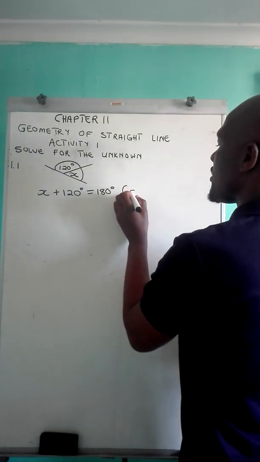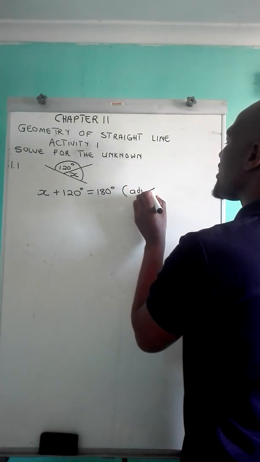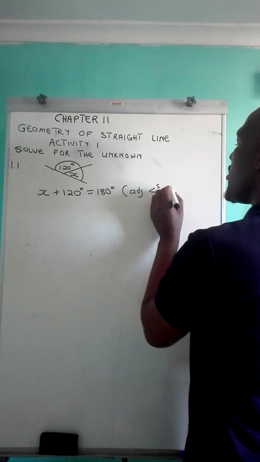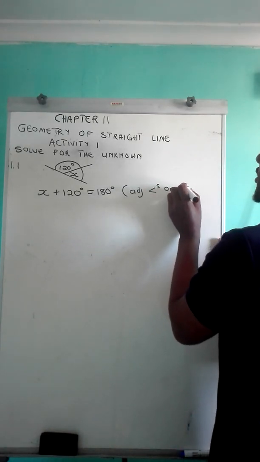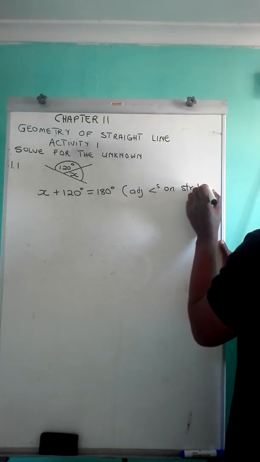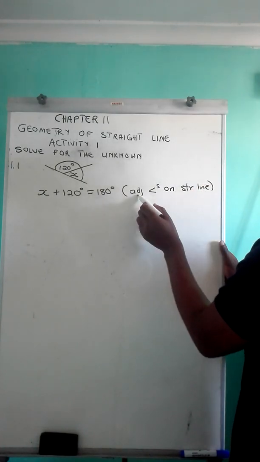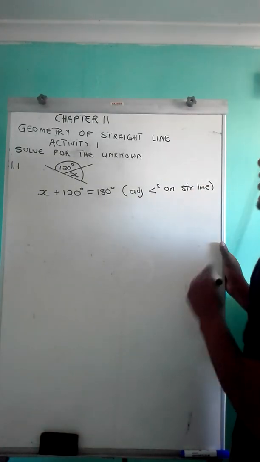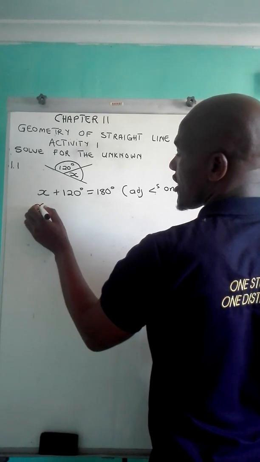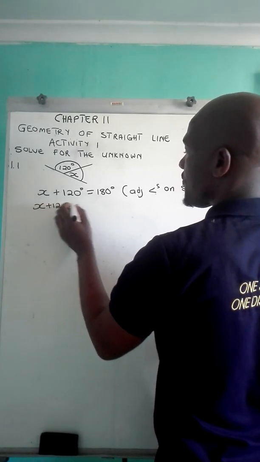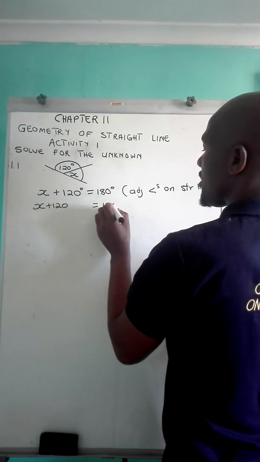The reason: adjacent angles on a straight line. So this is x plus 120 equals 180.